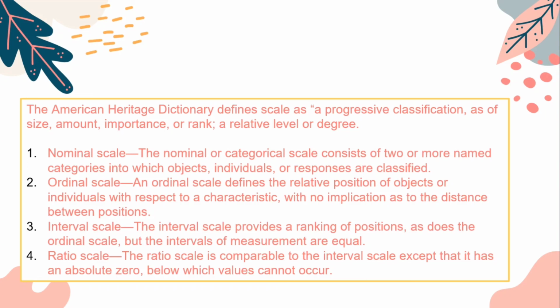Ordinal scale defines the relative position of objects or individuals with respect to a characteristic, also known as rank scale. Interval scale provides a ranking of position, but the intervals of measurement are equal. And the last one, we have ratio scale, comparable to the interval scale except it has an absolute zero.